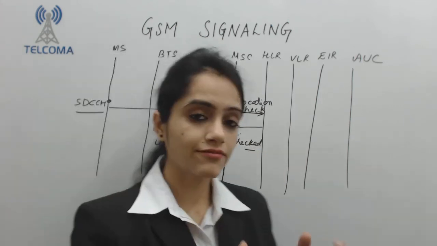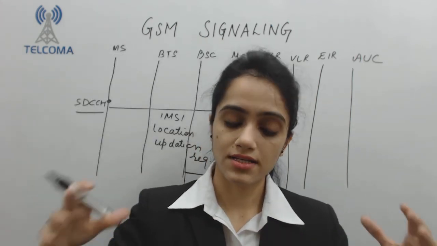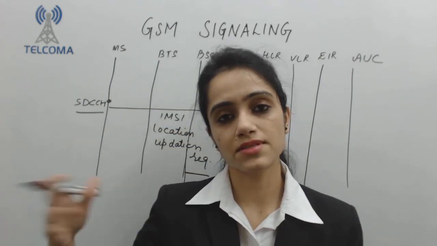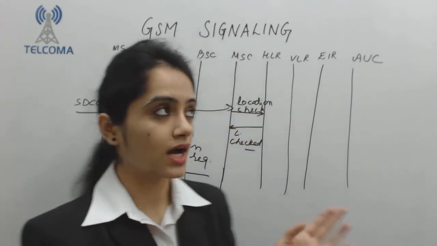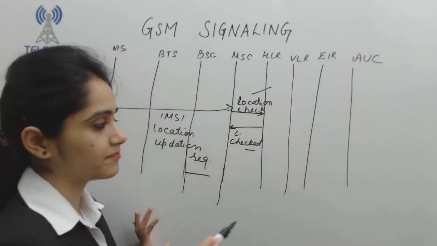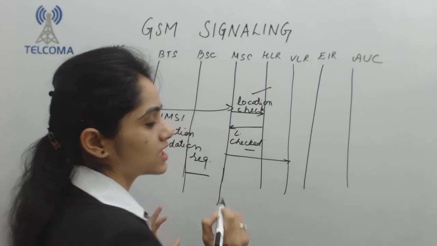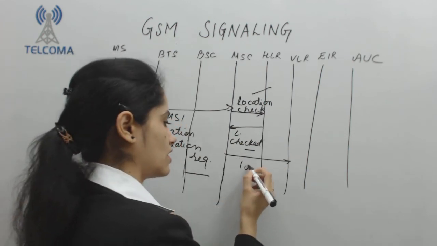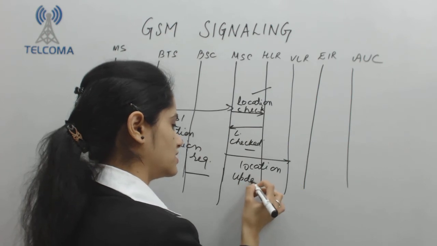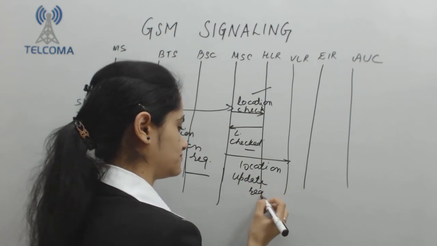Now, if I'm calling from the same HLR, that means under the same MSC, same HLR, I will be allocated the same HLR. So I'm having here location checked, location checked. Now, if I have changed the location, it will forward a location update request.